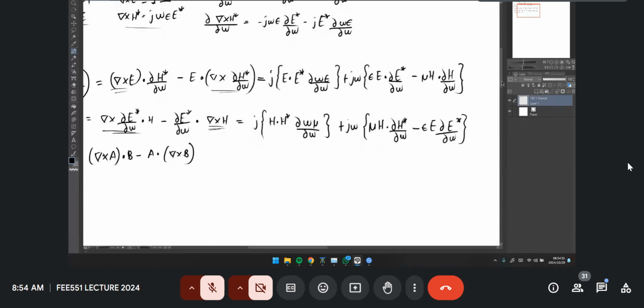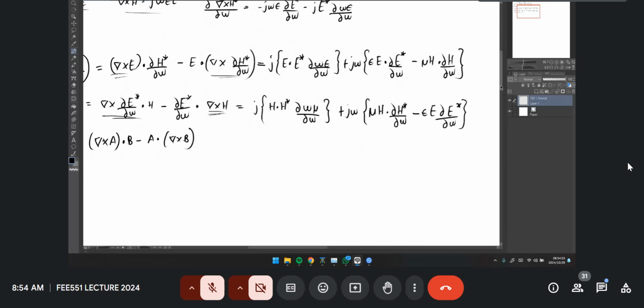Okay, so from here we can look at the terms having these specific terms, this one and this one. We can note from the Poynting's theorem that this should define the power. We should look at the real part. Since this is the imaginary part, the J, this whole part vanishes.